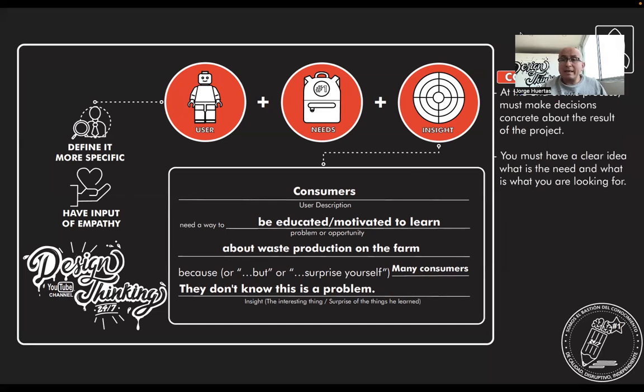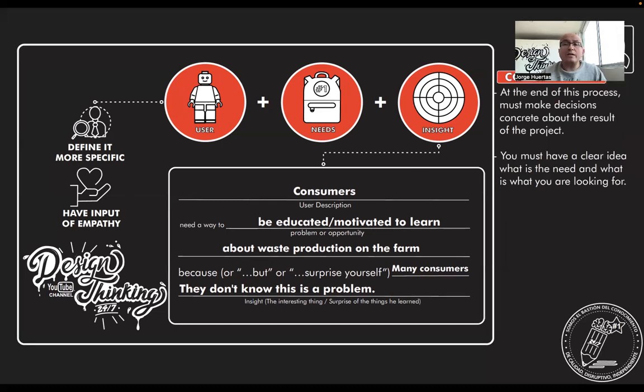As a conclusion, we can say that at the end of this process we must make concrete decisions about the result of the project. It means that, okay, I'm focusing on creating a bigger life cycle for the waste of crops or for the manure of cows. It's different. So you must have a clear idea of what the need is.